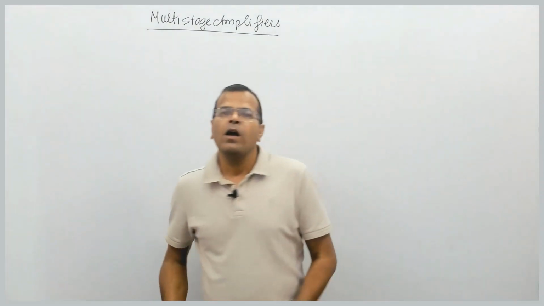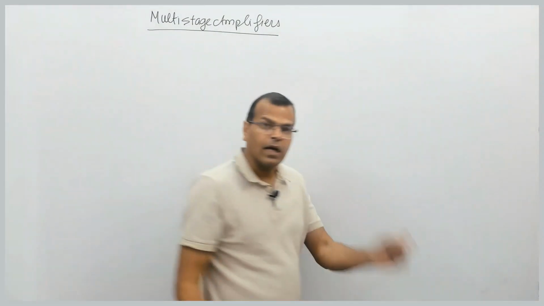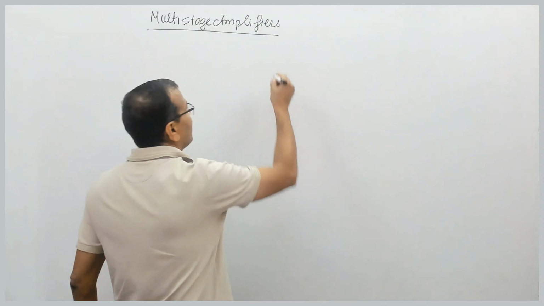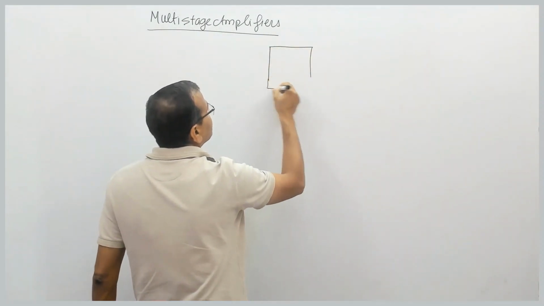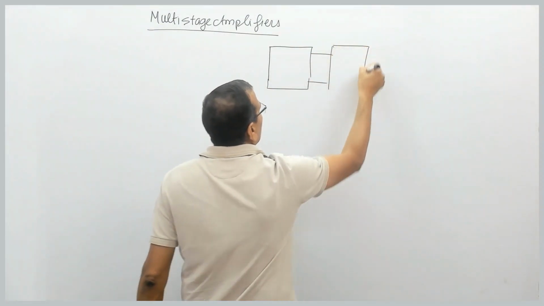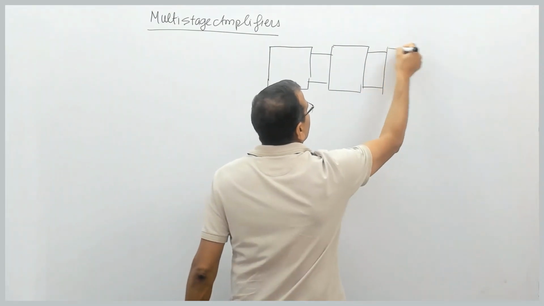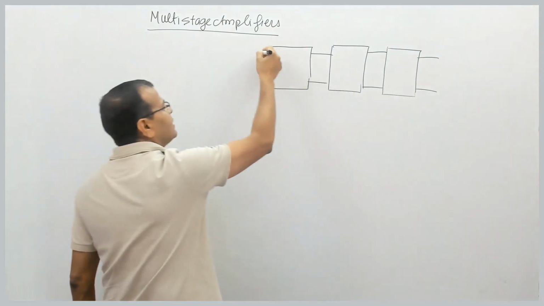Now, let us talk about the overall voltage gain, current gain and power gain of a multi-stage amplifier. This is a multi-stage amplifier where the output of one stage is fed to the input of the next stage like this.